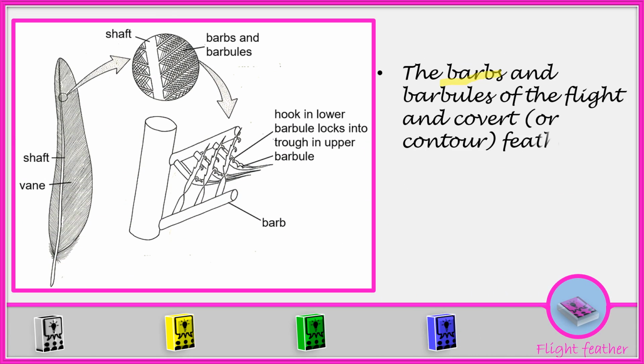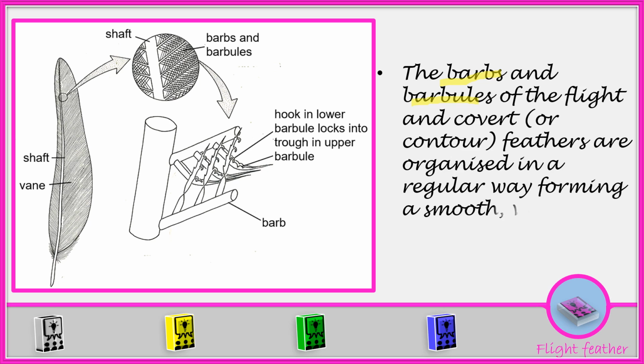The barbs and barbules of the flight and covert or contour feathers are organized in a regular way, forming a smooth, water-resistant cover.